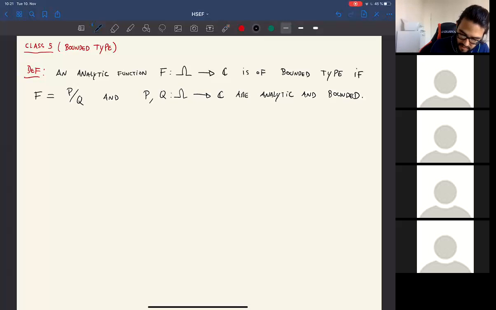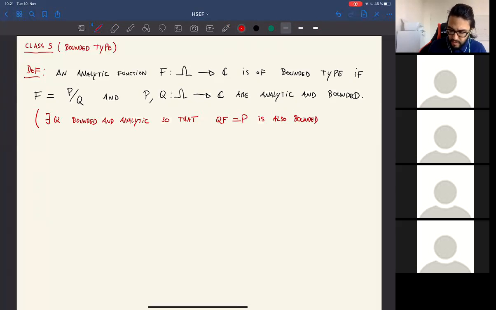Maybe a better way is saying that there is Q bounded and analytic so that Qf, which would be the P, is also bounded. The fact it would be analytic is because the product of two analytic functions is analytic anyway. So this is another way of saying that.